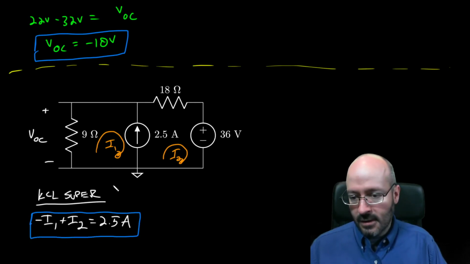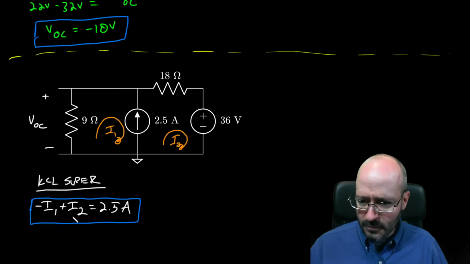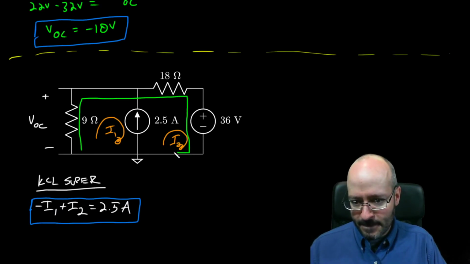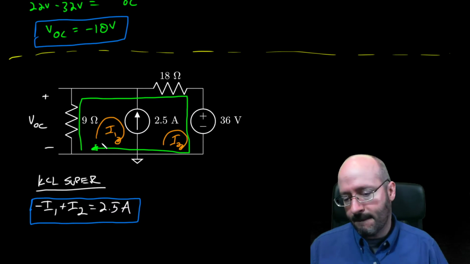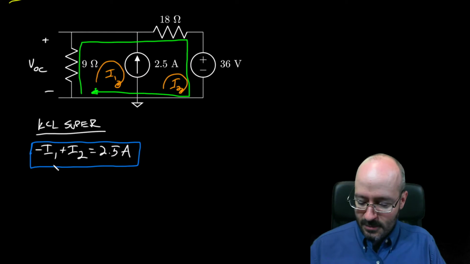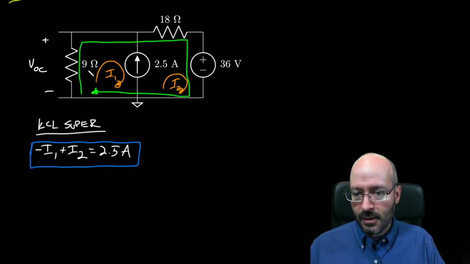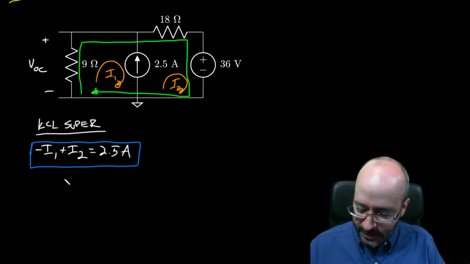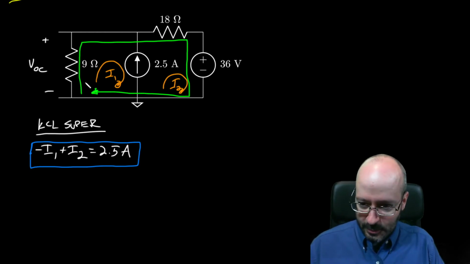Pretty quick. Okay. The super loop goes around here. What does I1 share with the super loop?